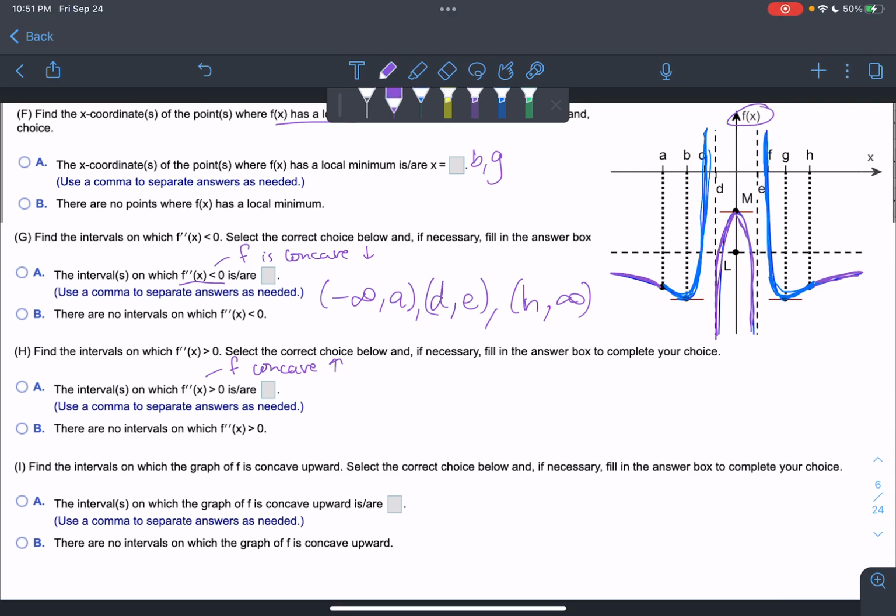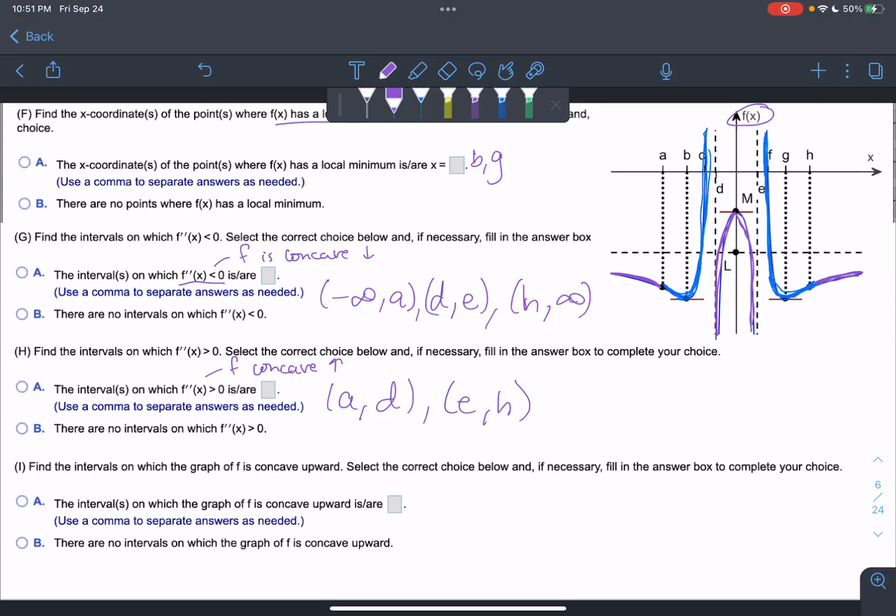Okay, so these corresponding intervals are A to D, and then E to H. And you can kind of see that they're the intervals in between the intervals in part G. It's another way to look at it. Might not always work out that way, but that's how this one is. And so, oh, it does it again.